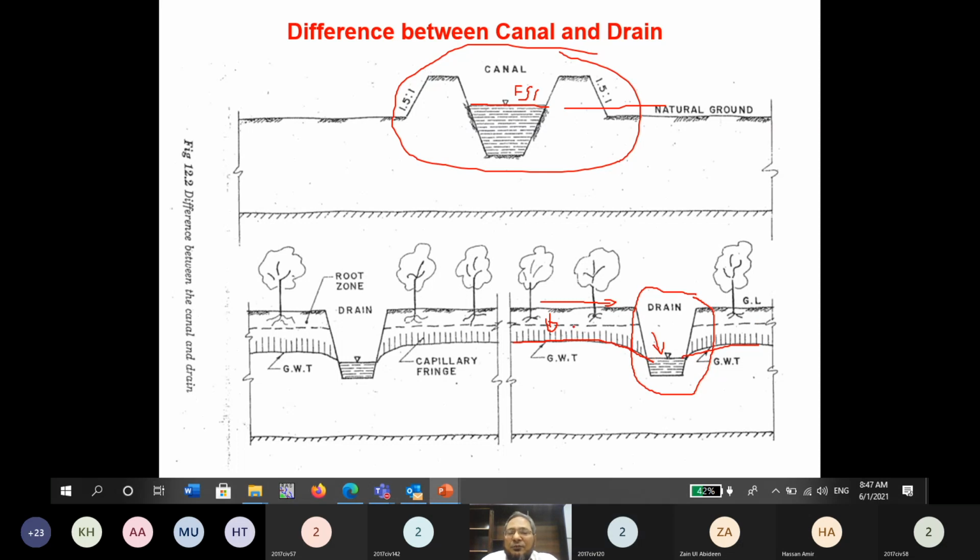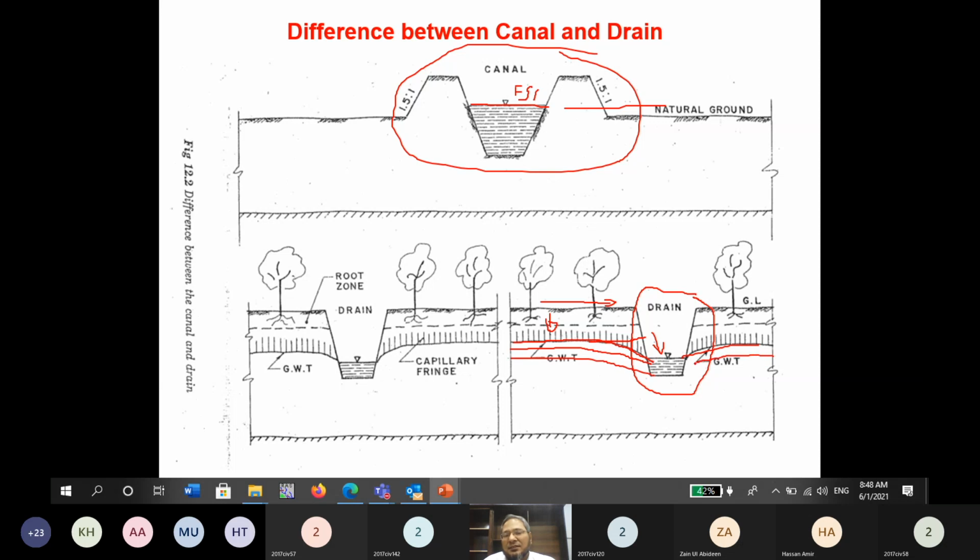Not only the ground surface, it should go even below the water table. So this is the ground water table. Earlier this ground water table was here, before this drain. When we built the drain, the water table came down. After some time, where will it go? It may come here, and then it may come further here.